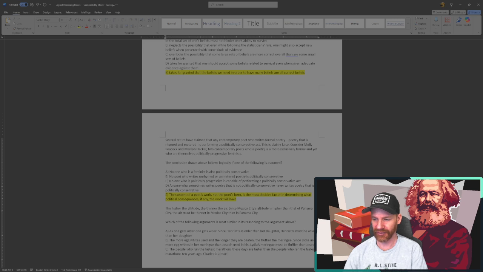Charles is a marathon runner. So Charles must run faster marathons these days than he did. Nothing about that statement follows. Wildly incorrect. Okay.